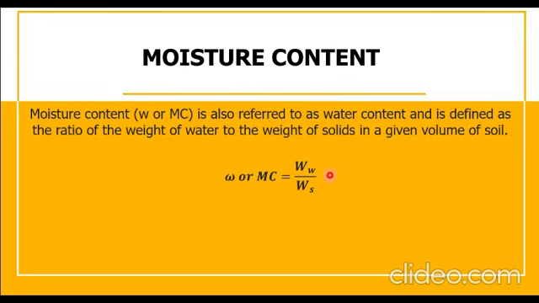And it's equal to weight of water Ww over weight of soil solids. Note that moisture content can vary from 0 to infinity. Again, why? Because weight of water can be more than the weight of soil, but it is a very rare situation.